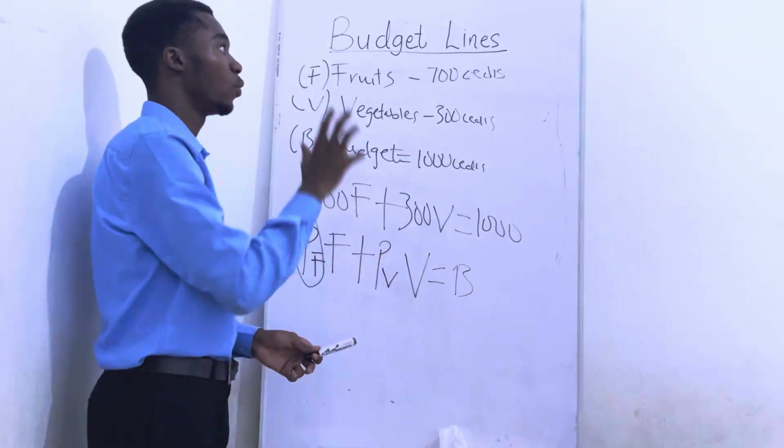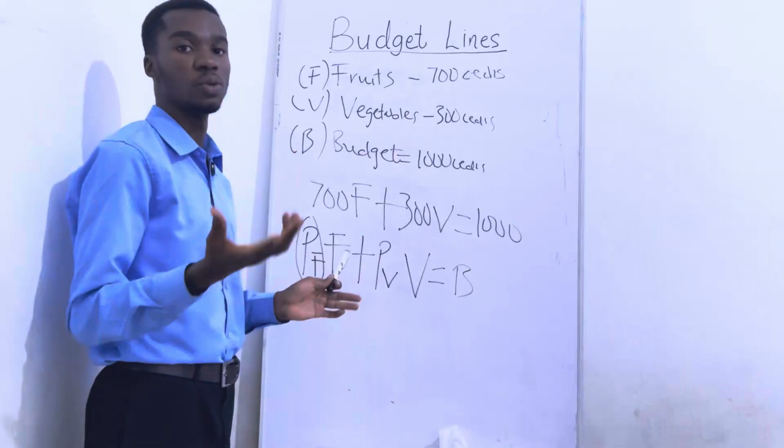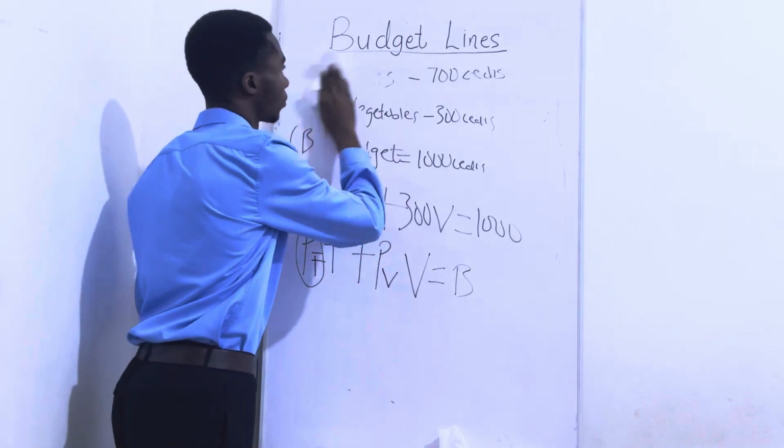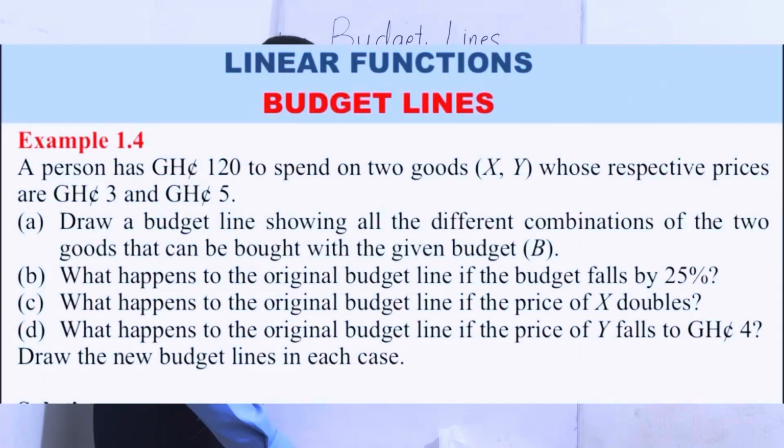Now let's take a full question on budget lines for you to know how it looks like. So the question says, a person has 120 cedis to spend on two goods, in brackets X, Y, whose respective prices are 3 cedis and 5 cedis. Then we have A. Draw a budget line showing all the different combinations of two goods that can be bought with a given budget.